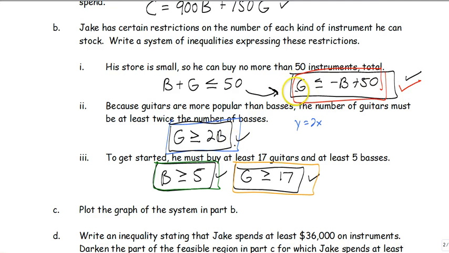So we want these two equations in our calculator. The other thing you can do actually is set them equal and solve for b that way. So if you want to do it by hand, you can just say 2b is equal to negative b plus 50, 3b equals 50, and b equals 50 thirds. Which, what is that? That's 16 and 2/3.